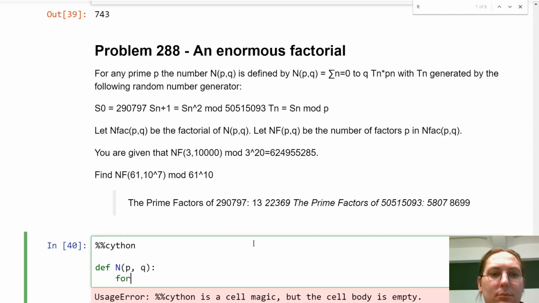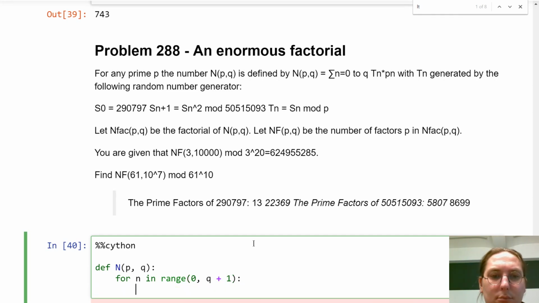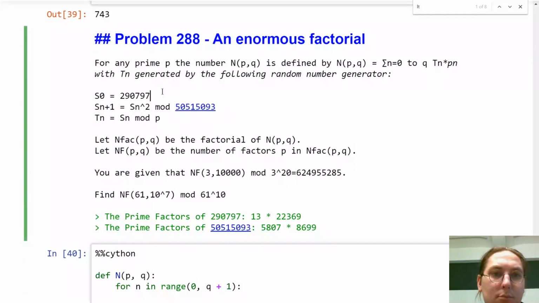There's something else. You know what also is wrong? Let's maybe solve this. They did an NF3, 10,000, and they say the outcome is mod 3 to the 20th is that big number. That means there are at least more than 3 to the power of 20 threes in that thing, and then still 6, 2, 4, 9, 5, 5, 2, 8, 5 more.